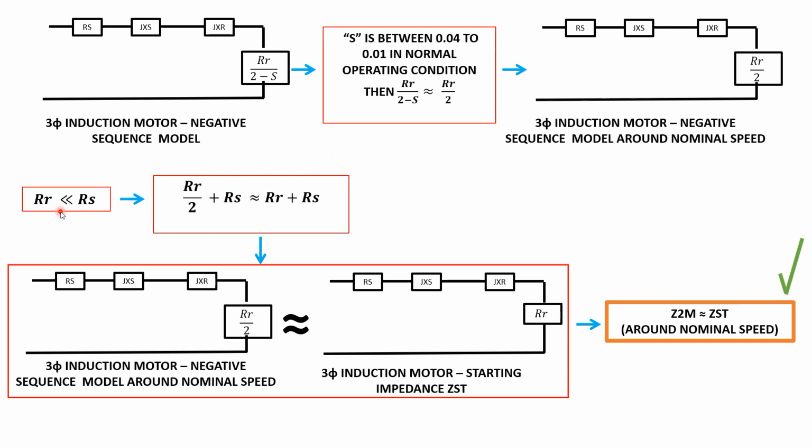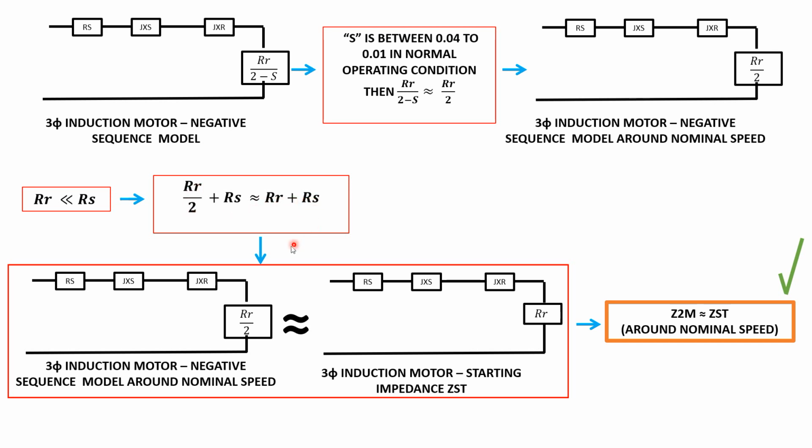Another thing we can assume is that generally in the motor, the squirrel cage rotor resistance is much smaller than the stator resistance, which are all these windings. So in this case, the rotor resistance divided by 2 plus the stator resistance, we can actually even say equal to R plus RS.